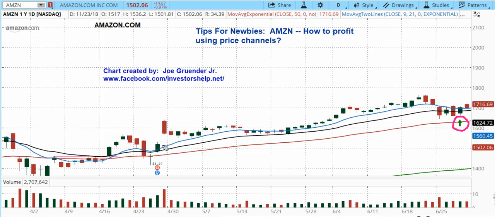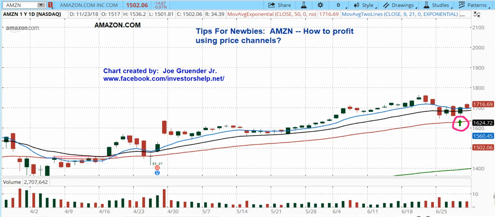We can see that the 3 moving averages are also very much in alignment. We like to see that: the blue above the black and the black above the red. So we've had a nice uptrend. Now, how do we use this information to project forward and make some money?